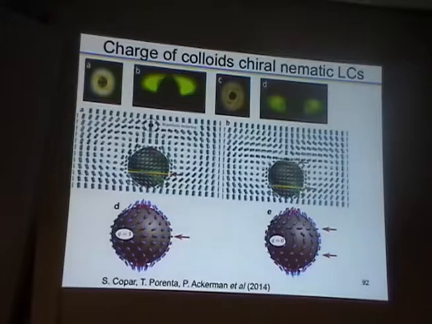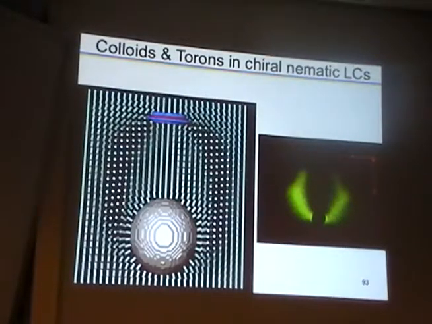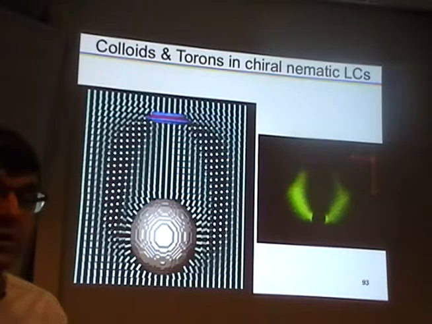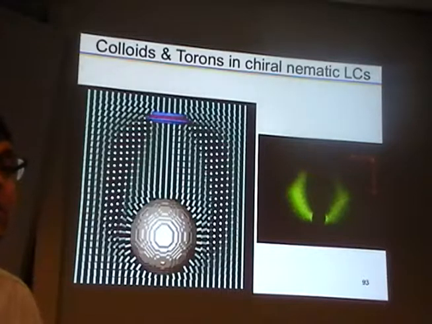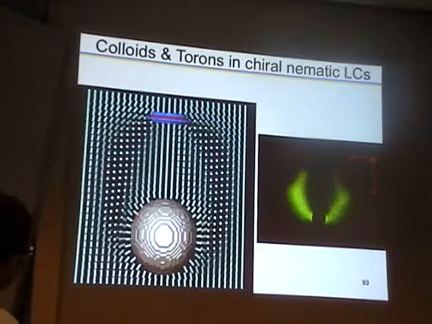equally interestingly, similar combinations of solitonic twisted field configurations and colloids can also occur for the case of perpendicular boundary conditions. So what you see in here is again a chiral nematic liquid crystal which is confined into a cell with perpendicular boundary conditions.